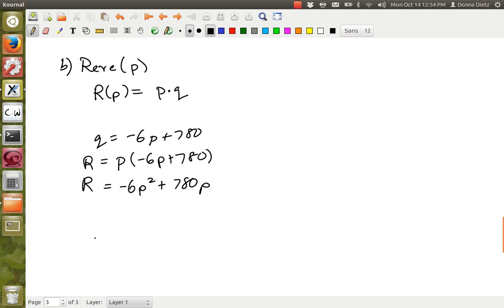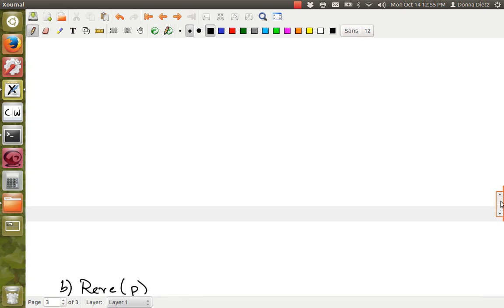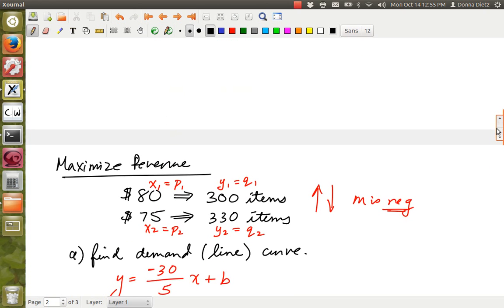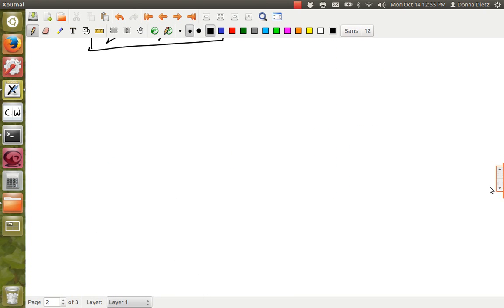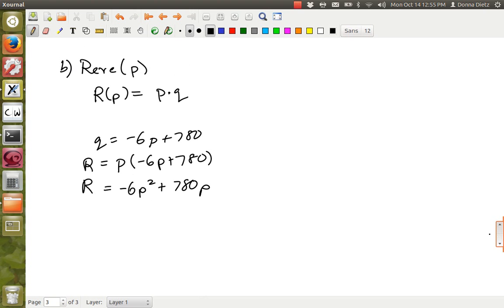Okay, and then the next thing says, so I didn't give you all the parts of the question, but the parts of the question are always the same, or very similar each time. Part C says, find the price to maximize revenue.